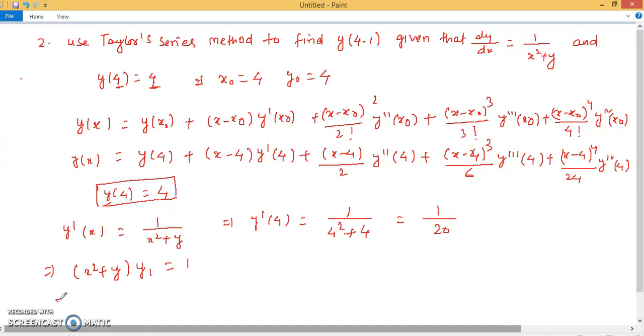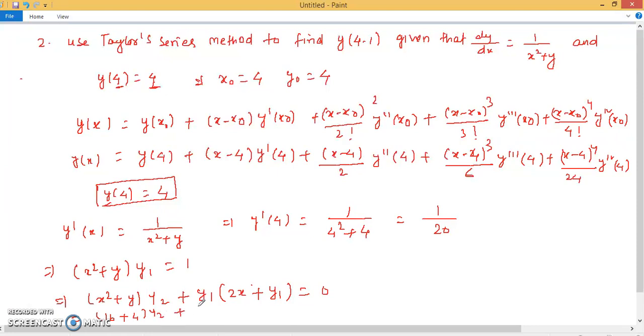If we want to find the second derivative, we just apply the product rule: u as it is, y1 differentiation is y2, plus y1 as it is, x square differentiation is 2x, plus y differentiation is y1, and 1 differentiation is 0. In this we will find the value of y2. What is y2 here? The x value is 4, 4 square is 16, plus y, the y naught value, that is 4.